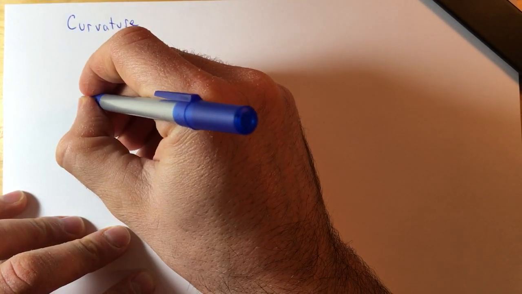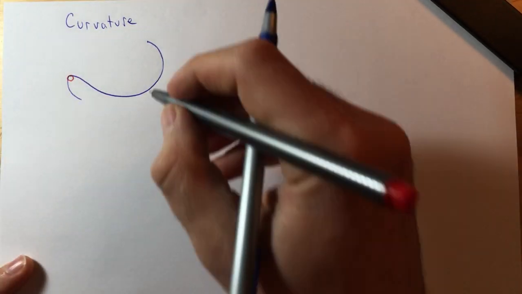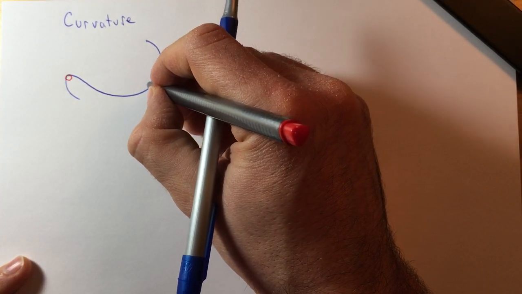So if we have something like this, just from an intuitive point of view, we can conclude that at this point the curve turns way more sharply than, let's say, at this point right here.